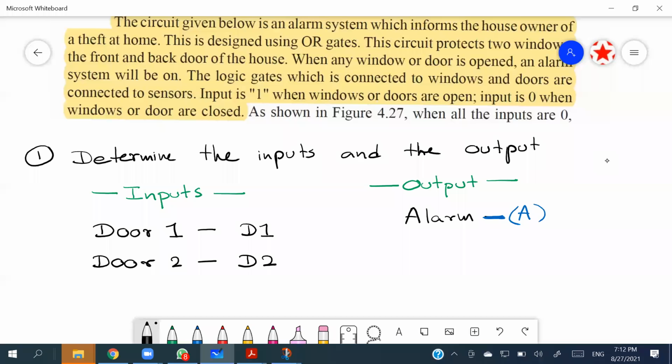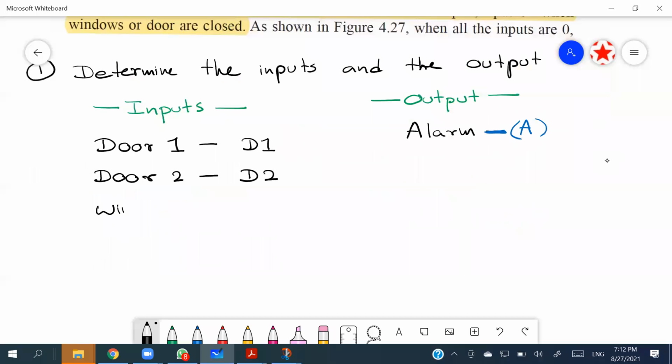In the same way, we are going to have window 1 and window 2, which I'm going to indicate by W1 and W2. There is no rule that you must take D1 and D2. If you want, you can have A, B, C, D, or X, Y, Z, or whatever. It is just a particular variable that I'm taking to indicate the inputs.